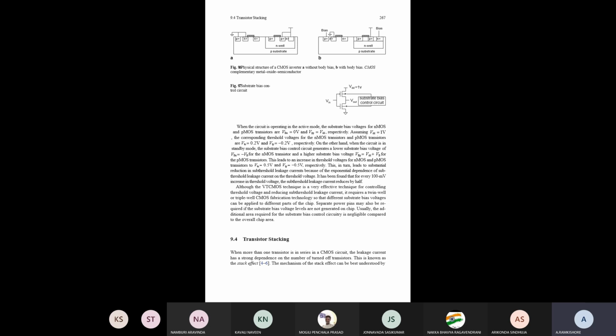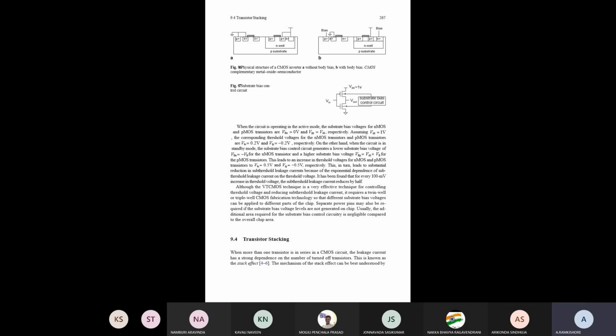This tells us that the source and drain diffusion regions always remain reverse biased with respect to the substrate, and the threshold voltages of the transistors are not influenced by the body effect.